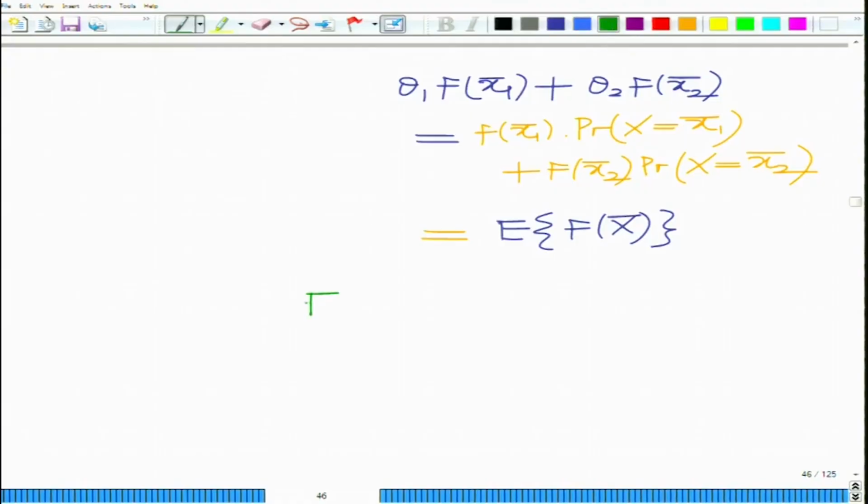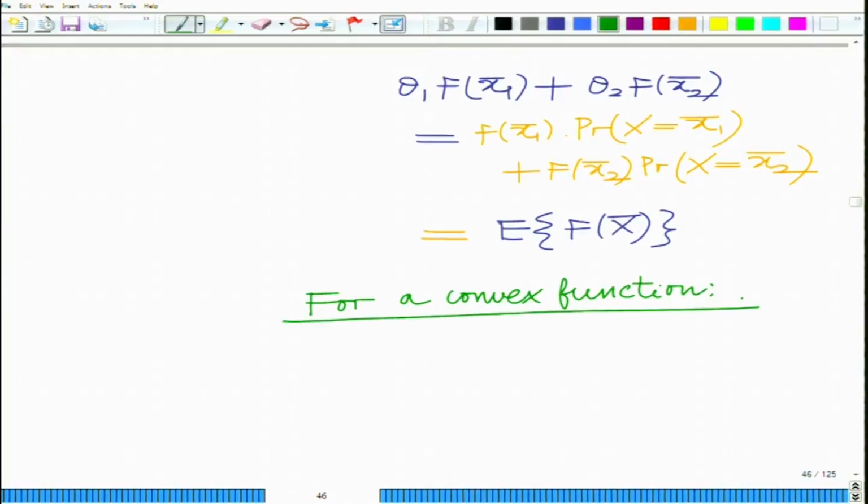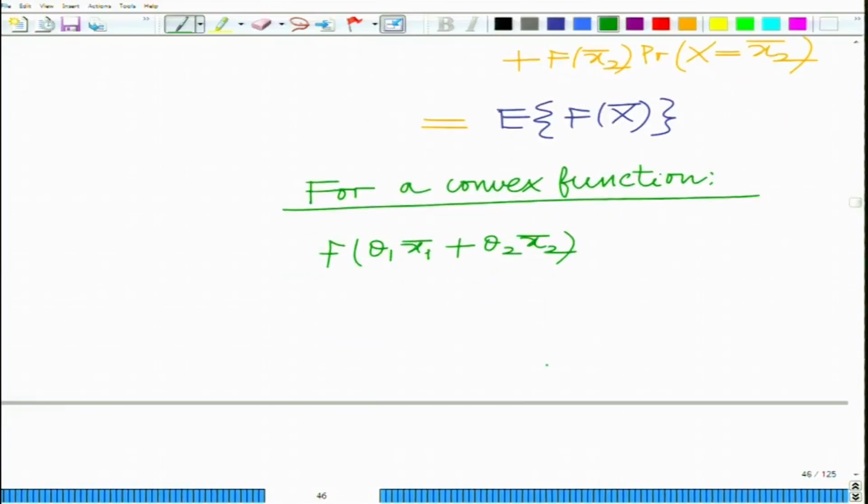Okay. And for a convex function, we know we have f of theta 1 x 1 bar plus theta 2 x 2 bar less than or equal to theta 1 f of x 1 bar plus theta 2 f of x 2 bar.